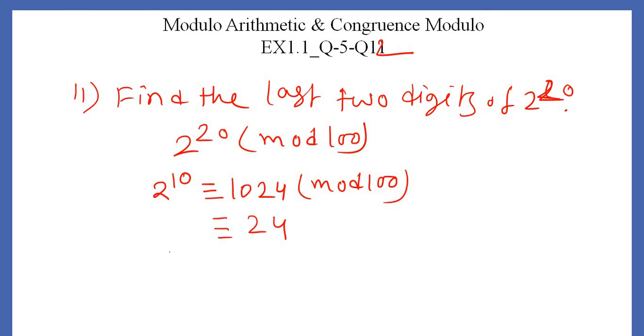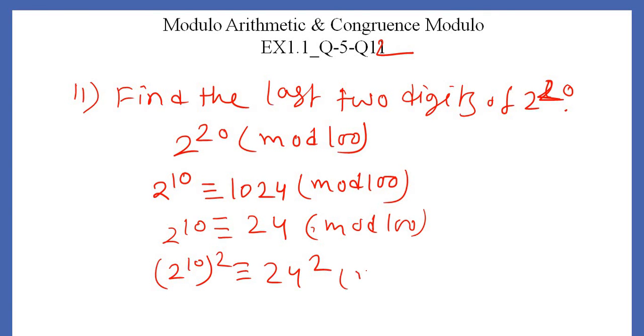Okay. Now if we apply the exponent property of modular arithmetic, like if we take the power 2 both sides, then what do we have? 2 to the power 10 to the power 2, 24 square mod 100, right? Now 10 into 2, 20.